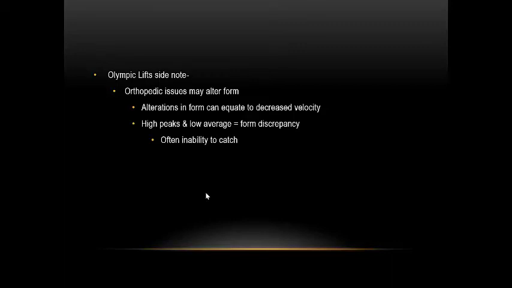That led to a decrease in mean velocity, because the mean velocity is the mean from the start to the end of that repetition. So if they have a super fast pull and a slow catch, it ends up being a low average velocity. Whenever I would see that, I knew that there was a form discrepancy, and again, it was often their inability to catch.